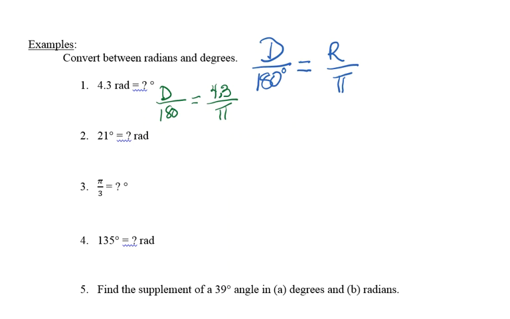To solve a proportion, we cross multiply. So I take 180 times 4.3 and D times pi. So 4.3 times 180 equals pi times D. According to my calculator, 4.3 times 180 is 774.